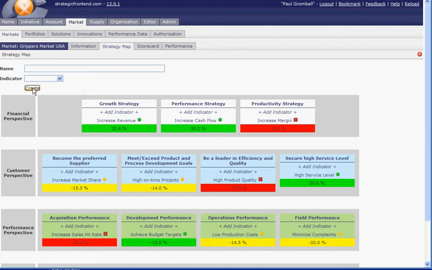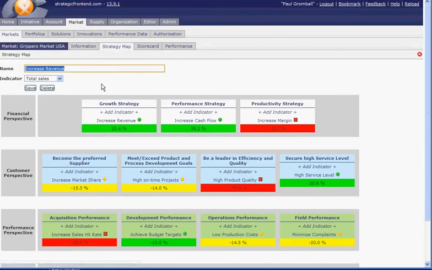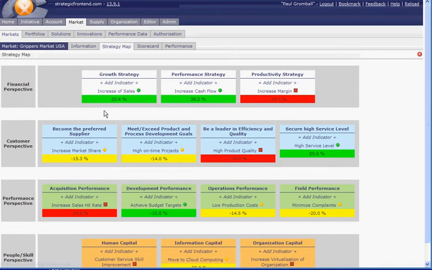So this is how you can add an indicator. You also could edit an existing one, like increasing revenue. So you could say, I would say, increase of sales, and save. So you have here increase of sales.